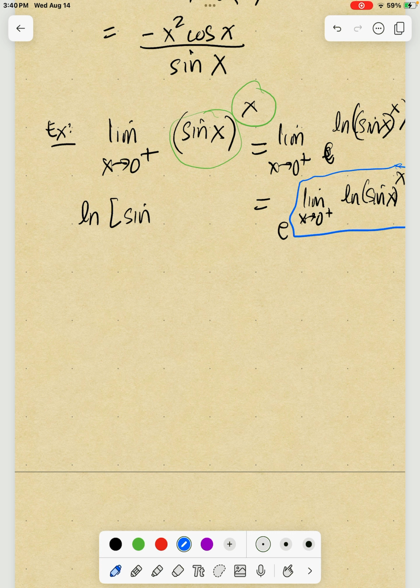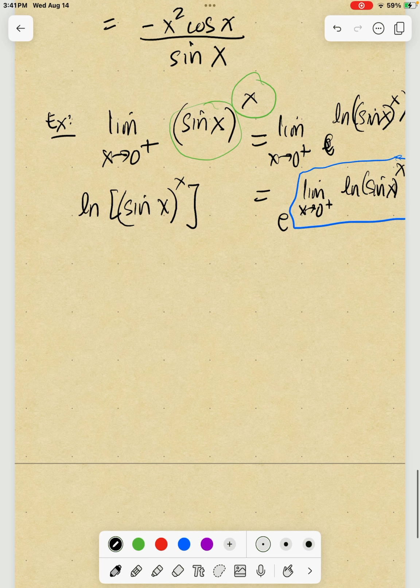And so that's why, to evaluate the limit that we want, we want to evaluate this limit. So we have the limit of the natural log of sine x raised to the x power, right? And in fact, we don't even need these parentheses. When you have something like this, it means sine x to the x power, and then you take the natural log. So this is equal to, what?